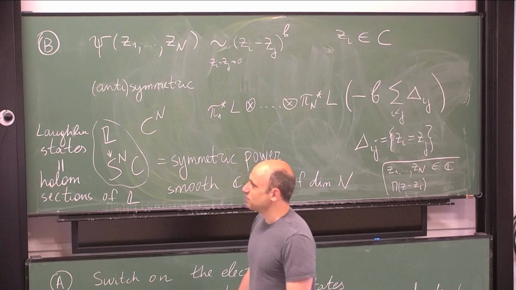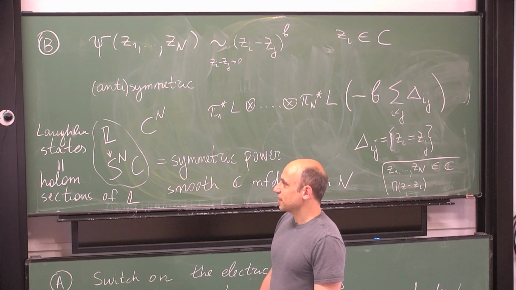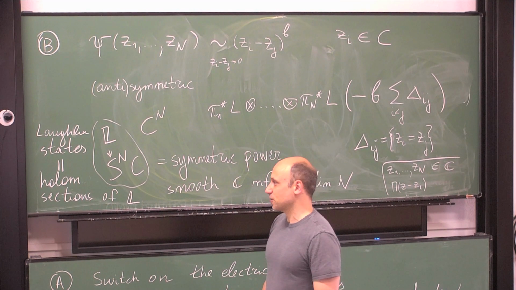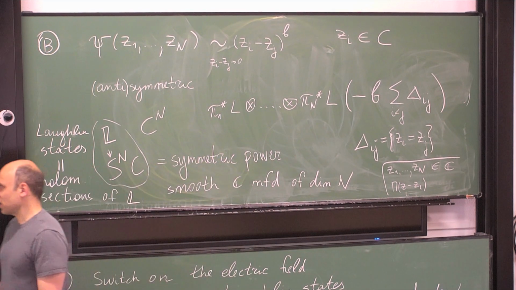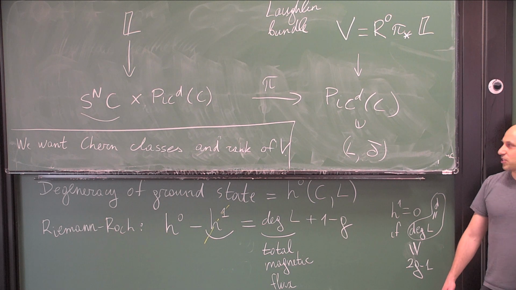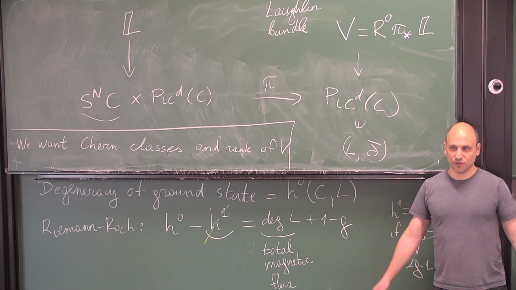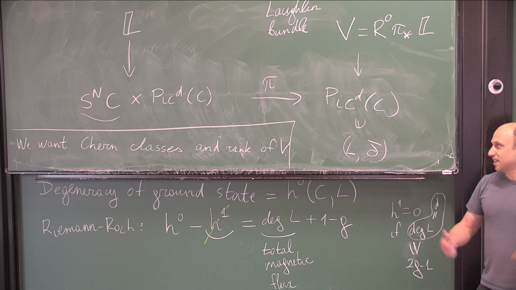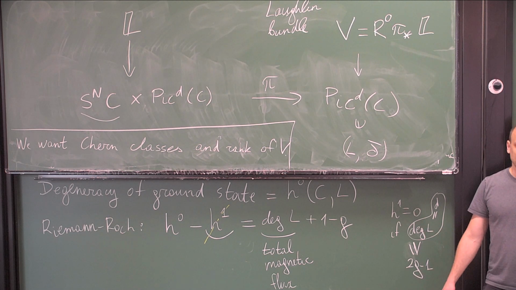I'm not prepared to discuss exactly what is the best way to measure them, but they are measurable quantities, and the thing is that you only see them in higher genus. In genus 1, you only see the rank and the first Chern class, so you see the degeneracy of the ground state, the Hall conductance, and that's all there is.